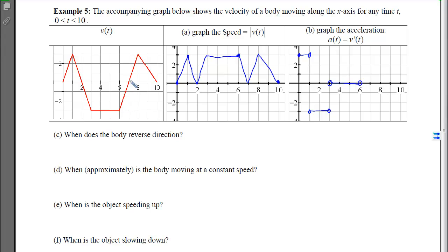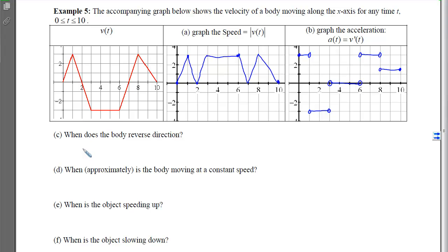Then at 6, I start to push again, so now I'm going to have a +3, and I stay there until 8. And then after 8, I have a -3/2. I can close the ends because these ends are not corners. I only have to get a slope from one side since they're the endpoints of our domain.